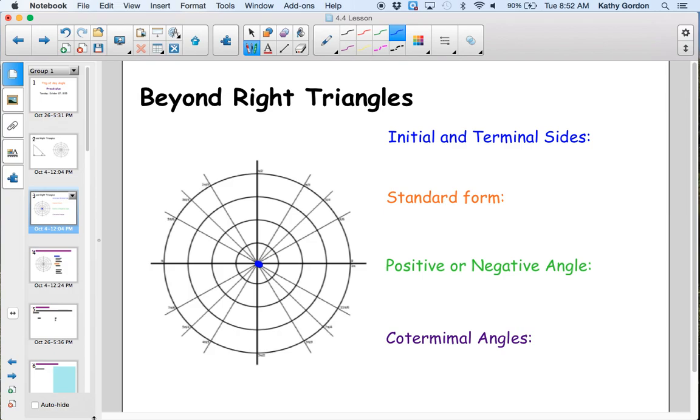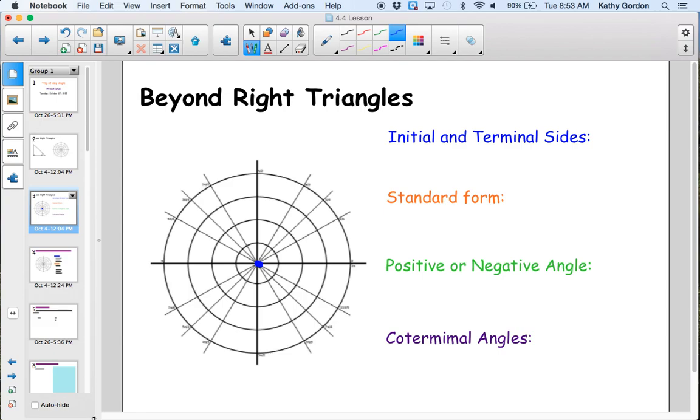And then our sides actually have names. We have the initial side, which is literally where we start with the rotation. So it's going to just look like a single ray. And then it's from there that we start rotating around the circle to create whatever angle size we want. And wherever this other side ends up is going to be our terminal side.